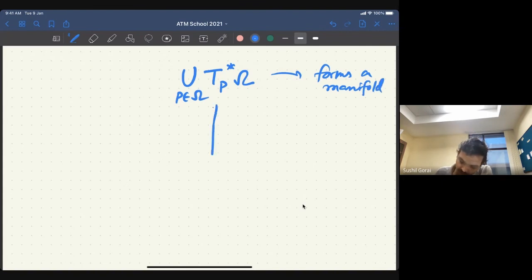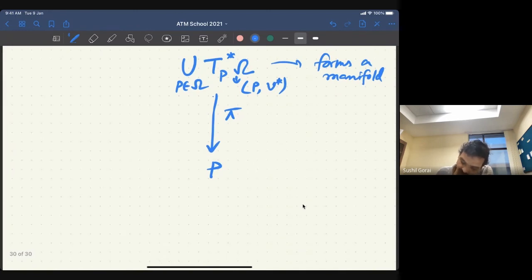What we look at is the projection pi. Any point here will look like a point P and then V star, a vector in the dual of R2. So P comma V star goes to P. This is the projection map.